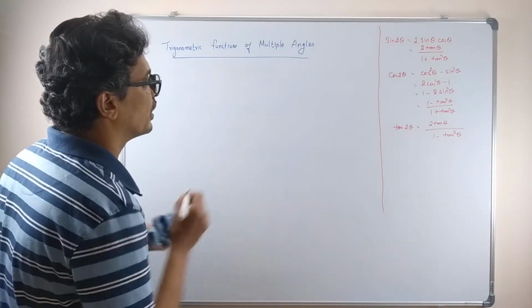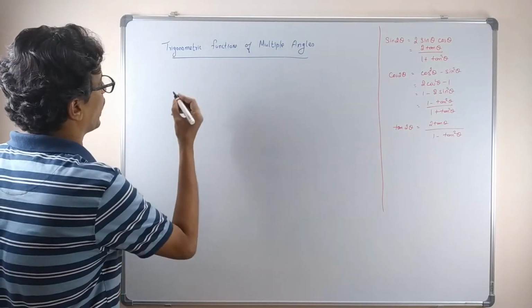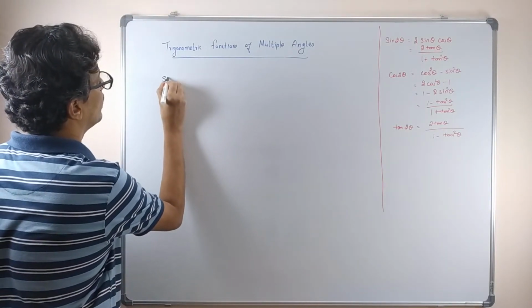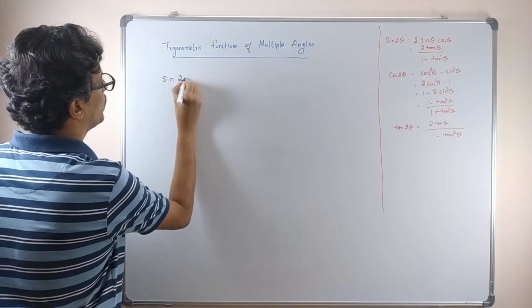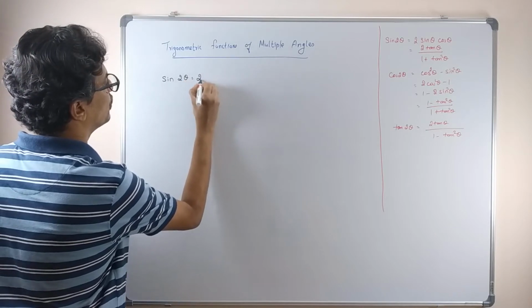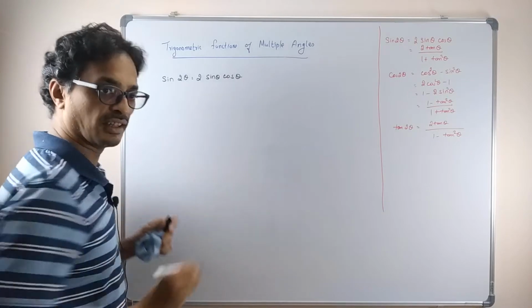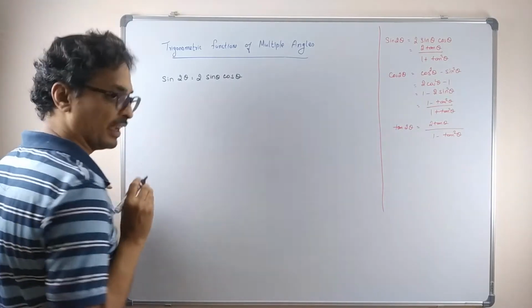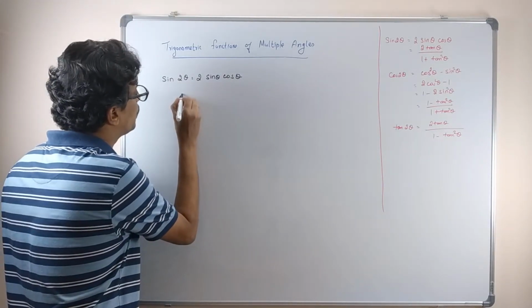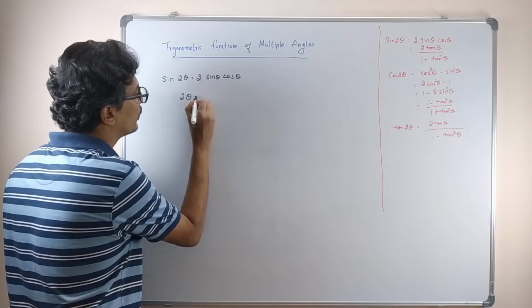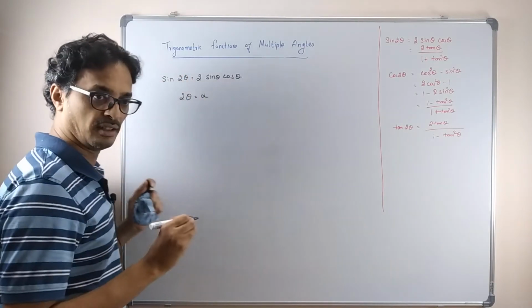See, for example, I'll give you an angle. Sine 2 theta equal to what? 2 sine theta cos theta. Correct? I am giving you a different angle. So I am going to write 2 theta is equal to alpha, some number alpha.